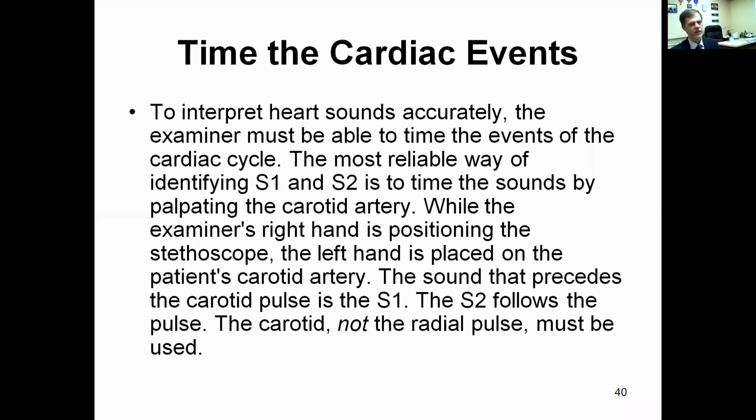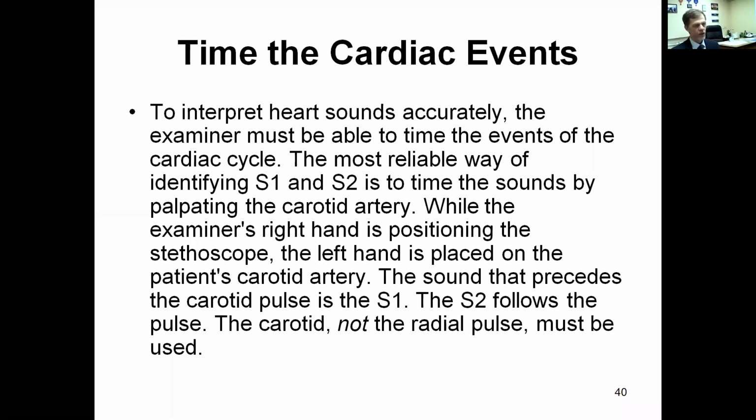But in some cases, when sounds are accelerated, it may happen something like this. Difficult to say where is systole, where is diastole. In this case, we can examine the patient and at the same time place our fingers on the carotid artery. The sound which corresponds to the pulsation of the carotid artery is the first heart sound.